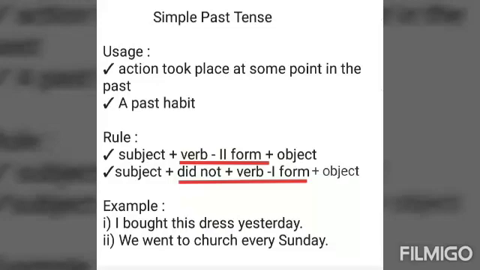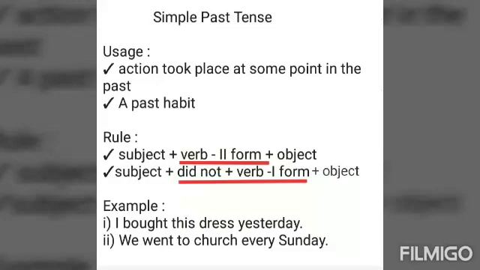If you observe these rules, you can find that in the simple sentence we have used verb second form and there is no use of a helping verb, same as in the simple present tense. But in the negative sentence we have used a helping verb and a main verb.